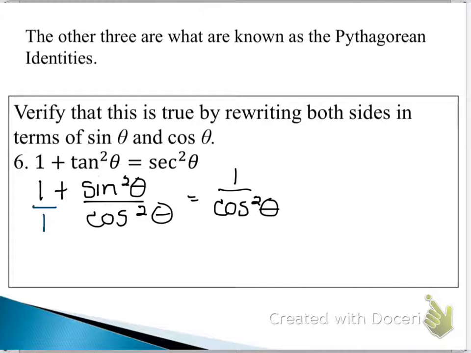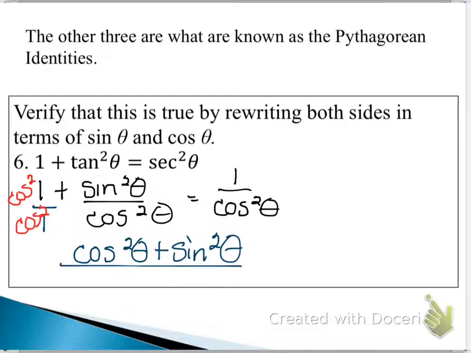If I have cosine squared theta in the denominator, then I'm going to be multiplying the 1 by cosine squared over cosine squared. If I do that, then I would end up having cosine squared theta plus sine squared theta all over cosine squared theta.